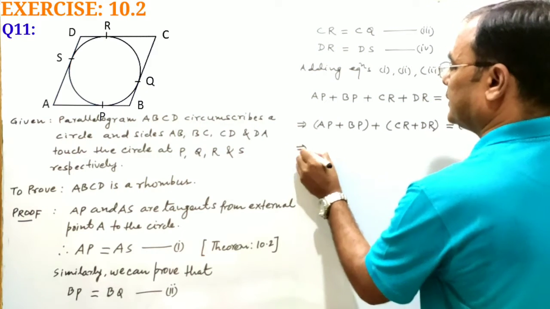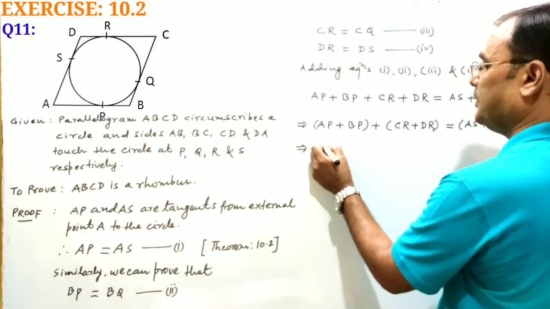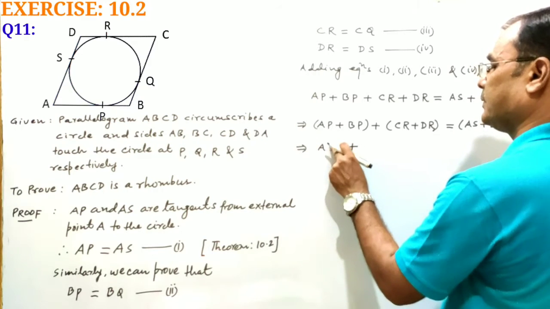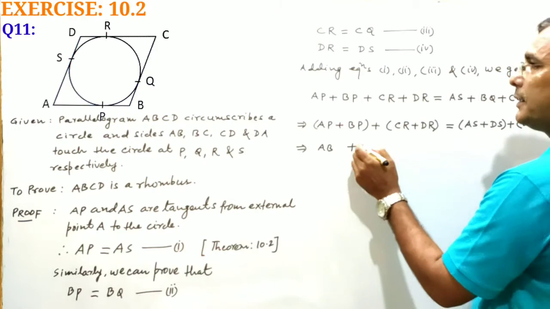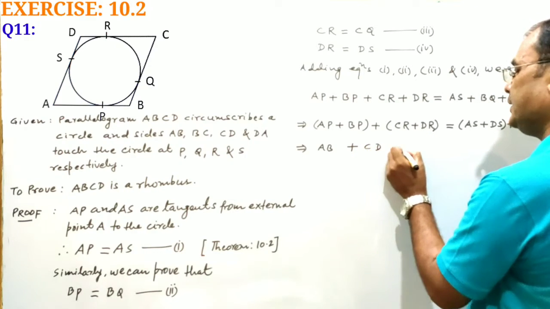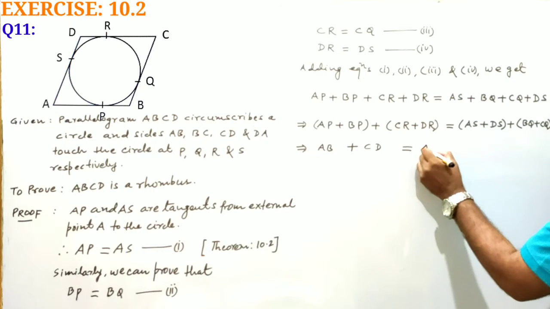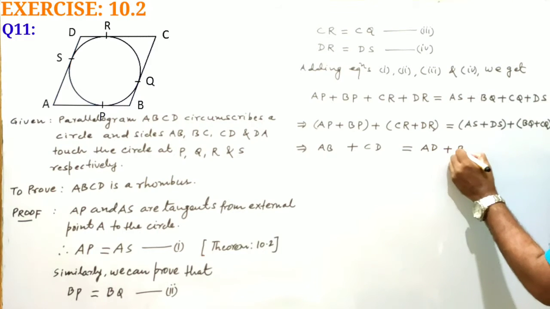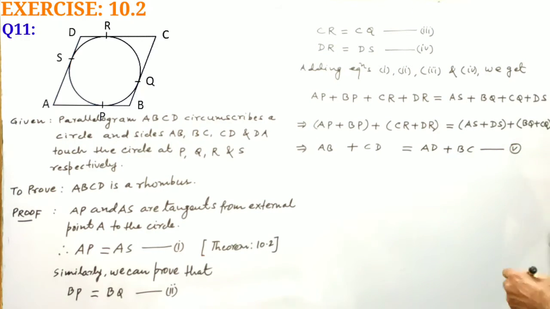From the figure you can see AP plus BP is AB, CR plus DR is CD, AS plus DS is AD, and BQ plus CQ is BC. Let it be equation number 5.